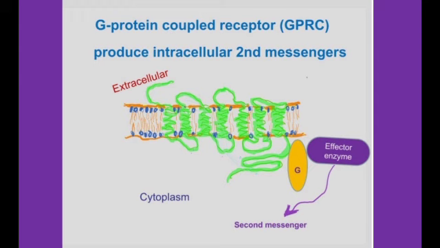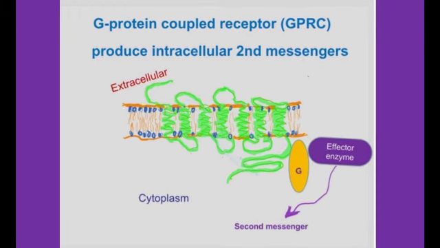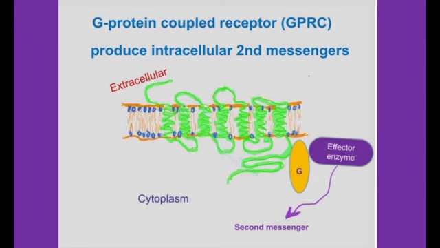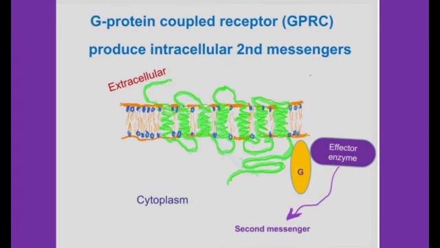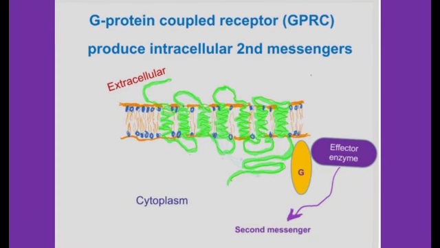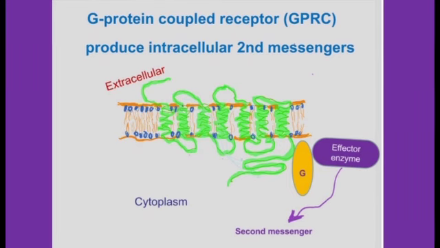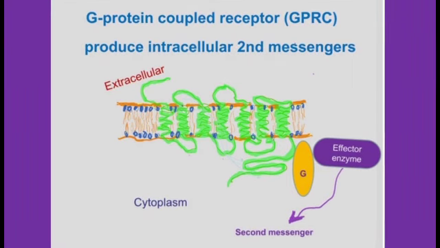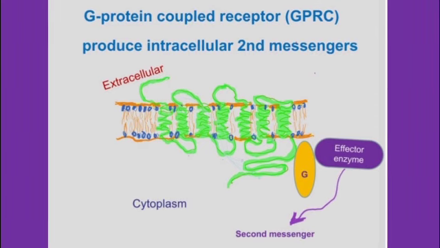Okay? So I'm going to say here to you that glucagon has a receptor that looks like this. Okay? Its shape in the membrane looks that way. However, it can only be activated by the hormone glucagon.